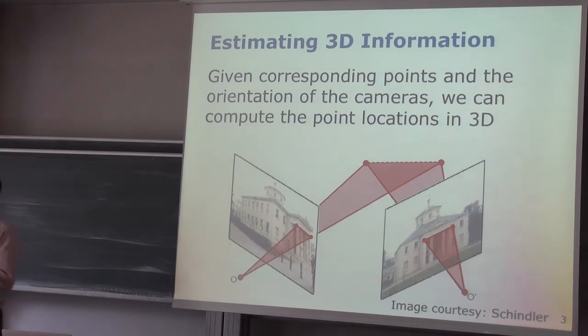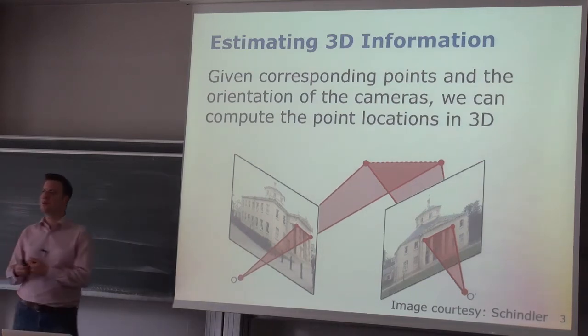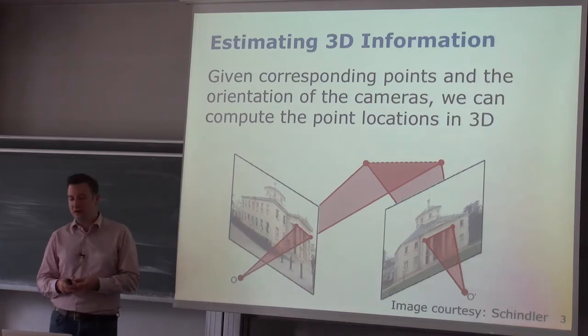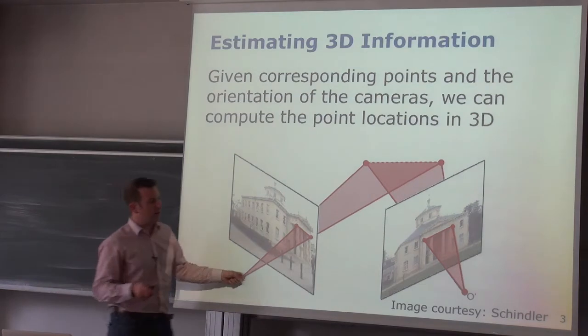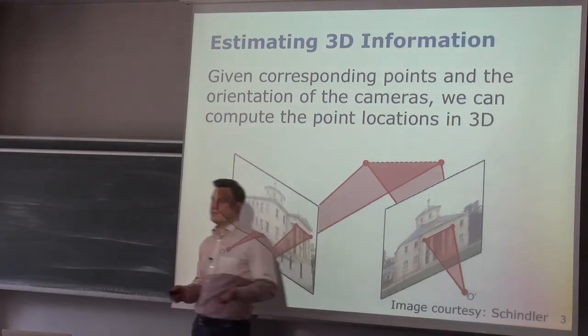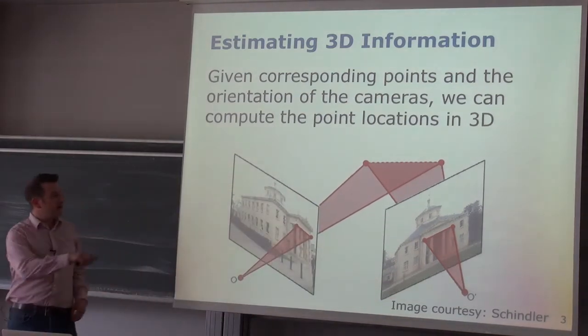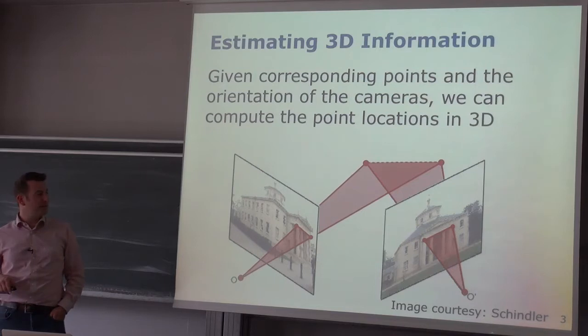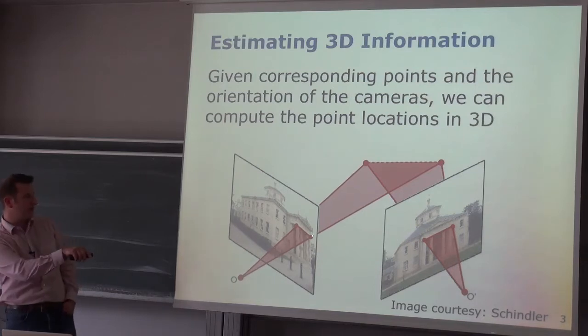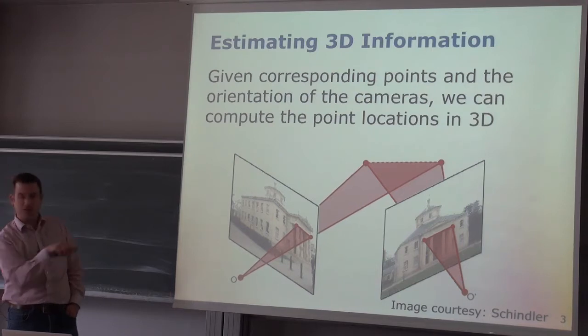Often I need to make correspondences between images, and one of the most prominent tasks is 3D reconstruction. If I know from which location those two images have been taken, and I know which points in image number 1 correspond to the same object, and where they are in image number 2, so for example that this point corresponds to this point, these two are corresponding points in two images.